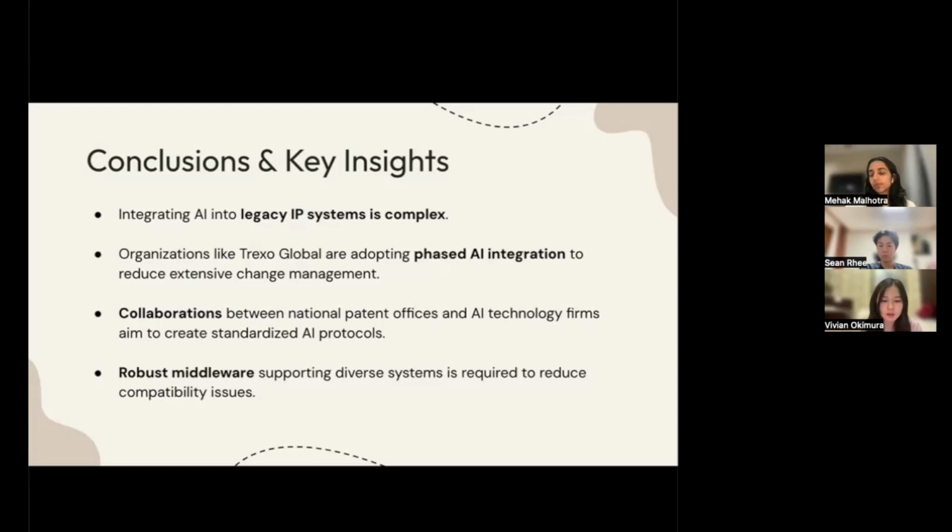National patent offices and AI firms are working together to establish standardized AI protocols, enhancing interoperability across systems. Developing robust middleware that supports various architectures and data formats is essential to reduce compatibility issues and ensure smooth AI integration. And that concludes our presentation.